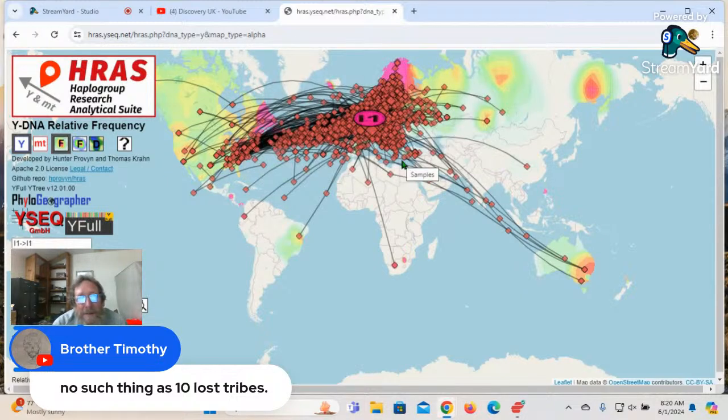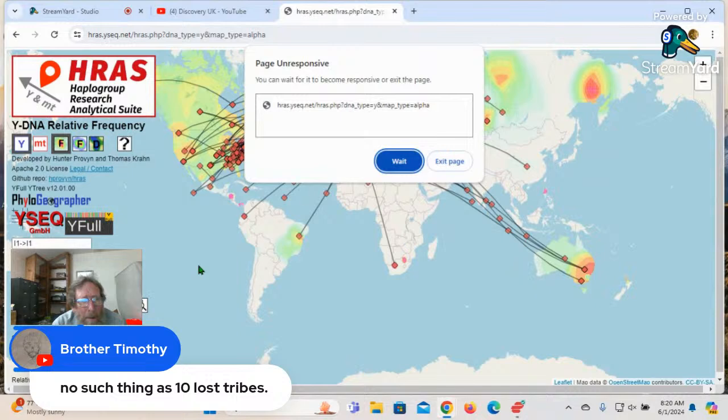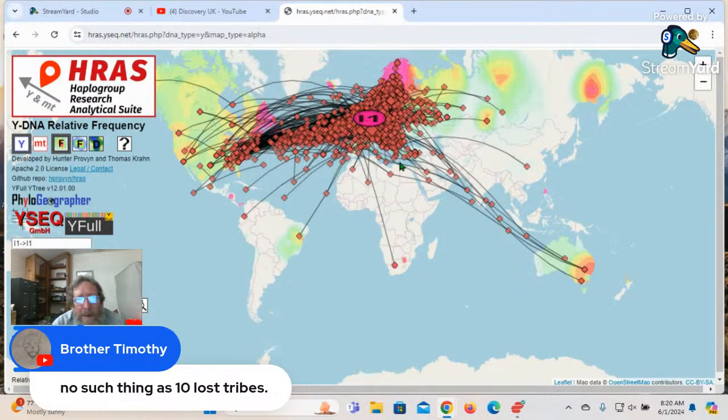Anyway, this I-1 is pretty big. Maybe I should have picked a specific lineage, but it should fill out here before too long. And we'll go back in time and see when they first came to America.